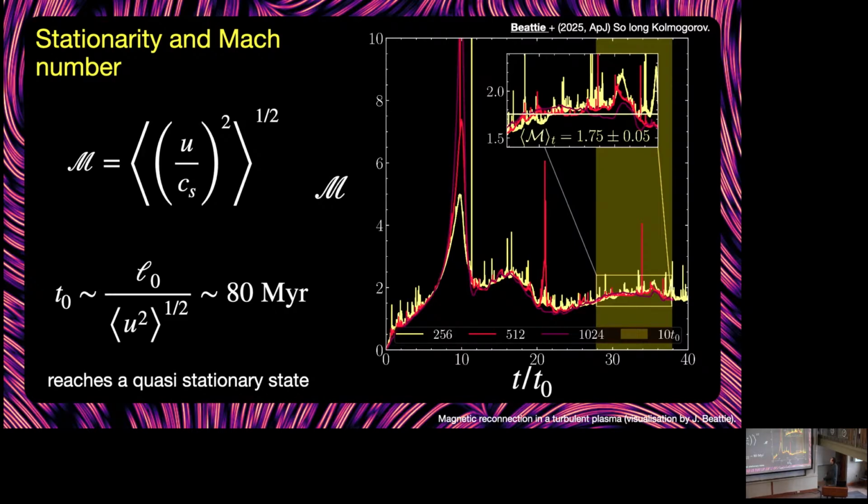Now we want to work out if a steady state exists for this kind of galaxy, and indeed it does. This is showing how I integrate the galaxy as a function of turnover time. This is the turnover time calculated by the largest scale eddy in the simulation, and this ends up being around 80 megayears. What I'm showing you here is the Mach number, plotted as a volume integral over the entire simulation.